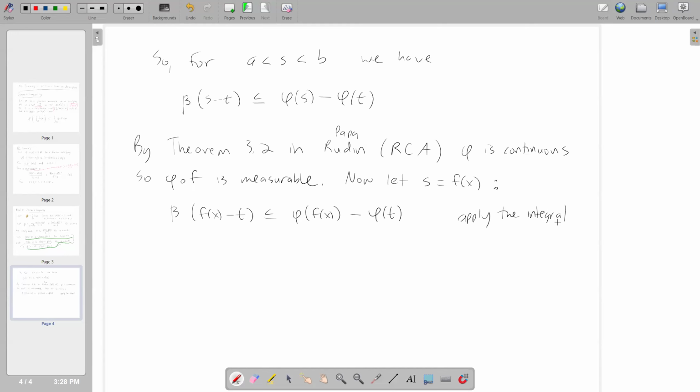In case you're worried, this is a measurable function. It's greater than or equal to this, and I can apply the integral. If this integral happens to be infinite, then whatever, it's fine. The inequality still holds, so I don't really have to worry about applying the integral here. And all I did here is subtract a constant.